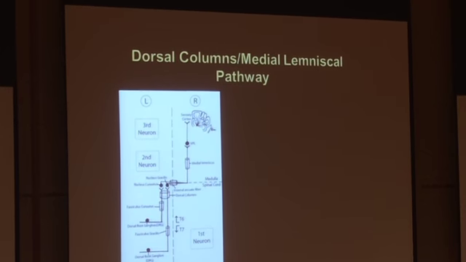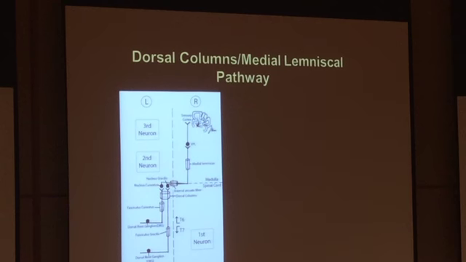So again, in contrast to pain and temperature, where we have the synapse in the spinal cord and then the crossing, for vibration and proprioception, we have the synapse in the lower medulla, and then we have the crossing. So they cross at two totally different locations. Okay, the crossing for pain and temperature is the white commissure.